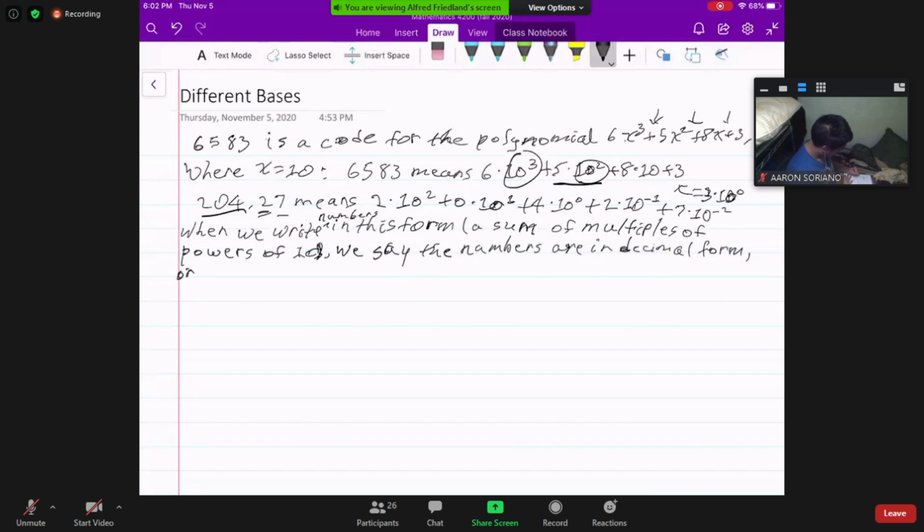Or in the scale of 10, and 10 is called the base, or, to use a Latin word, radix, but base is fine.